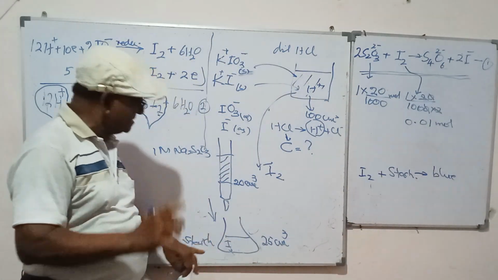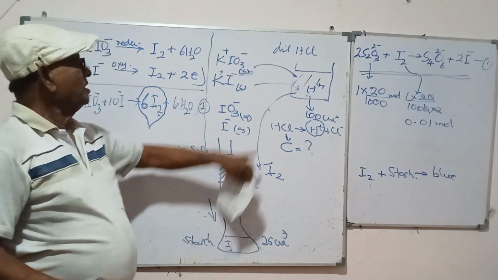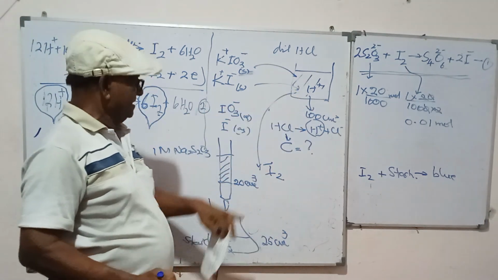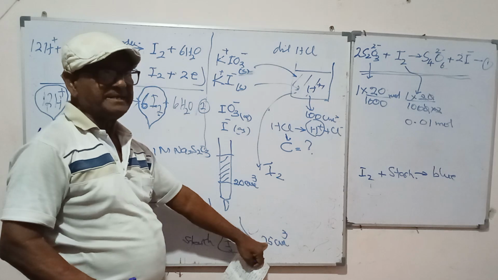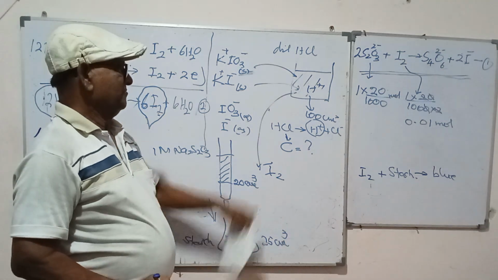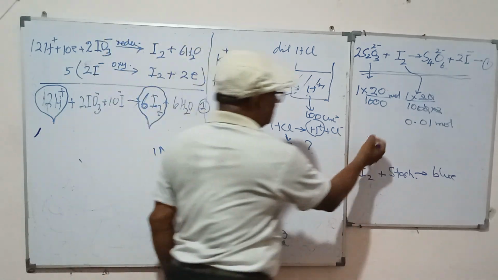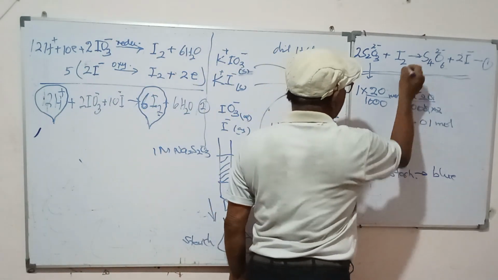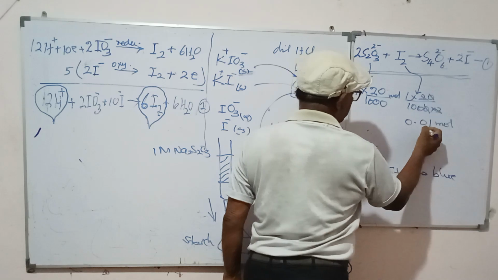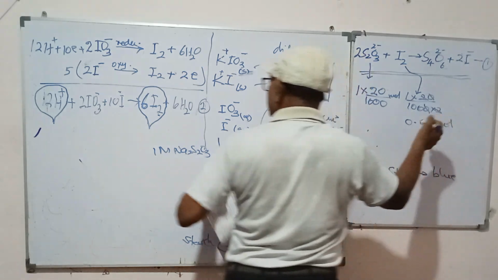This is the number of moles of I2 formed in this solution in 25 cubic centimeter volume. We have taken 100, no problem. Then the number of moles of I2 is 0.01.